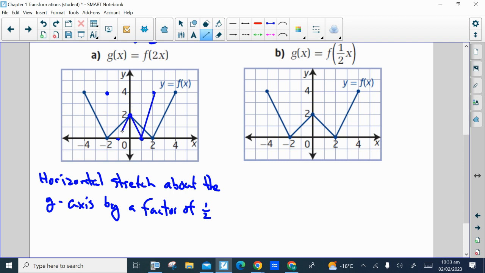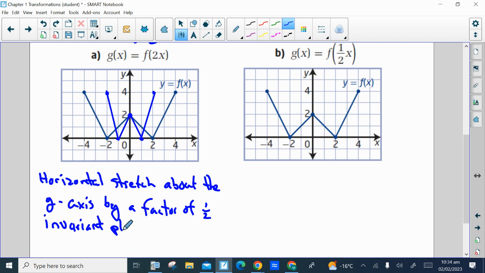So here's our new graph after a horizontal stretch about the y-axis by a factor of a half. We've described the transformation. We have one invariant point. That's the point 0, 2.